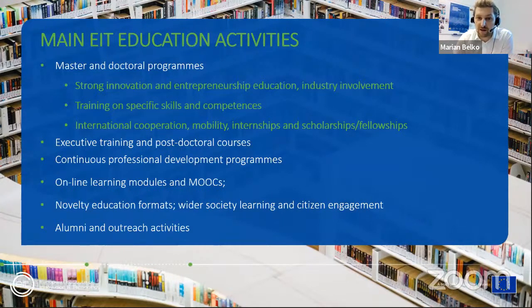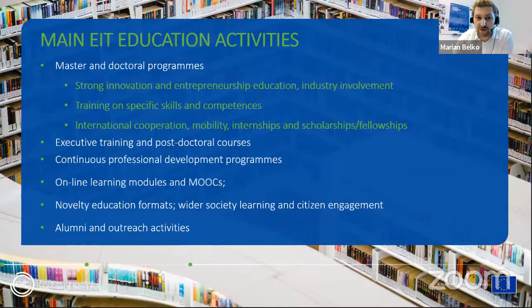These programs are designed to train specific skills and competencies in innovation and entrepreneurship. And there are other key elements present, like international cooperation, mobility, internships, and also supporting students financially to participate in this education through scholarships and fellowships.